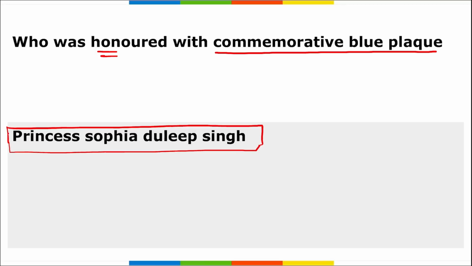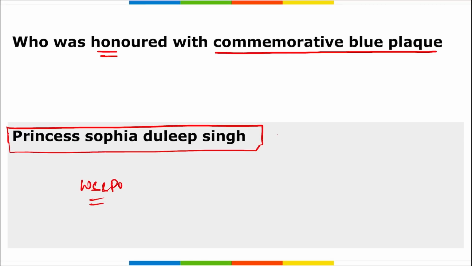The blue plaque is erected at Faraday House, 37 Hampton Court Road, Richmond in London. Right? And Princess Sophia Duleep Singh, she was the member of the Women Social and Political Union, the military group that was led by Emmeline Pankhurst, a British political activist who organized the UK suffragette movement.